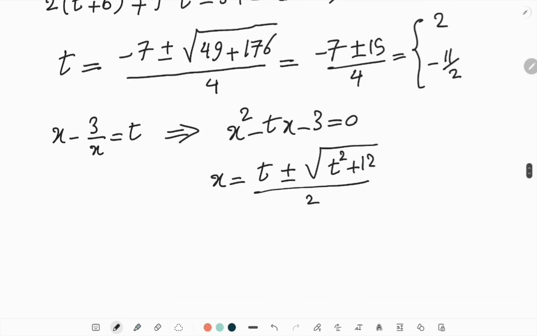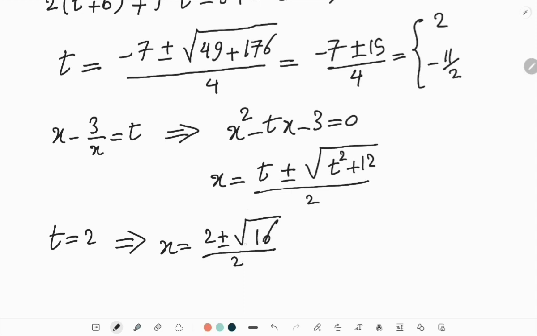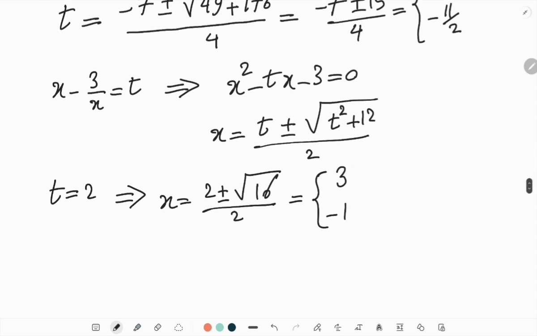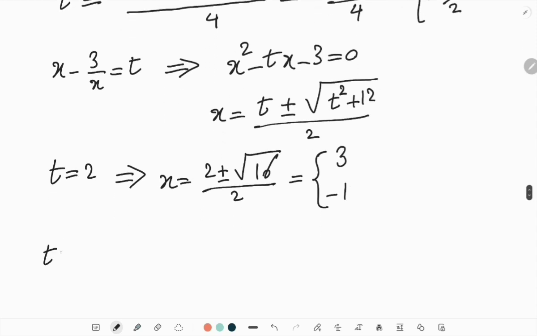So if you take t to be 2, then x will be 2 plus minus the square root of 4 plus 12, that is 16, divided by 2, that is 4. So the answers are basically 2 plus 4 divided by 2 is 3, and 2 minus 4 divided by 2 is minus 1. So those are two answers.